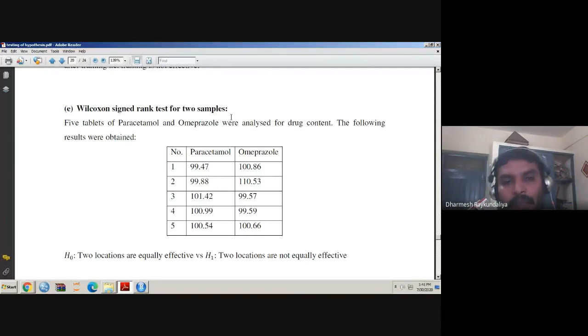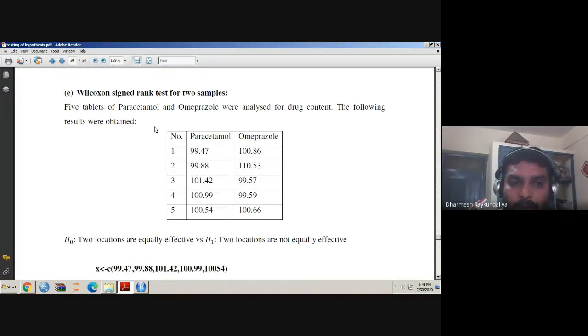Two sample. Okay, so here I have 5 tablets of paracetamol and omeprazole that were analyzed for the drug content. The following results were obtained. So here paracetamol is given to 5 patients, and this other drug is given to 5 patients, and their results are obtained.